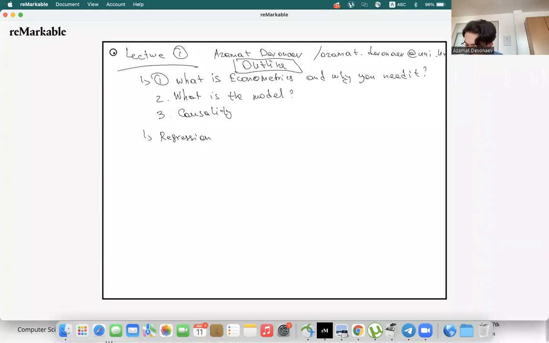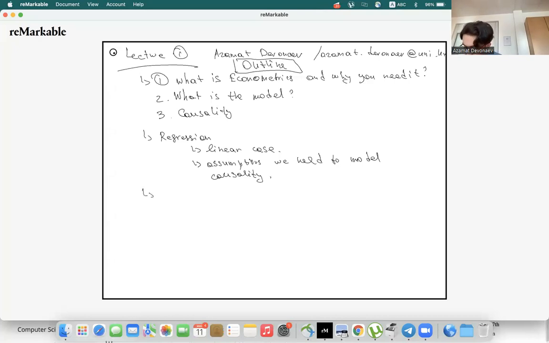Specifically, we will discuss the linear case, and we will see also what kind of assumptions we need to model causality.